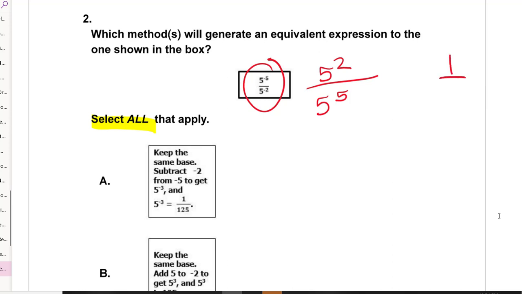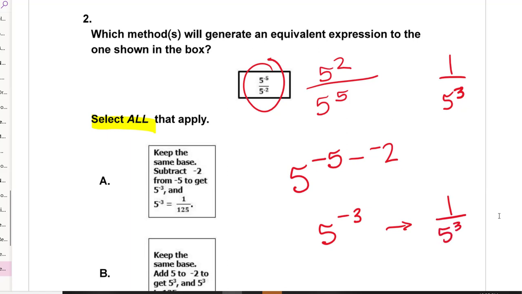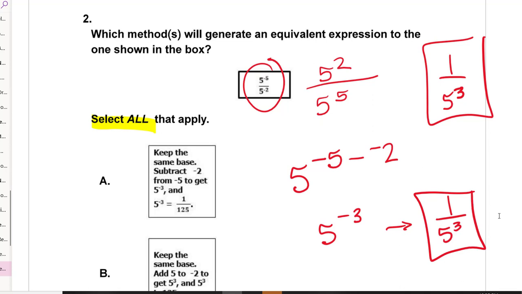And you could have 1 over 5 to the 3rd. You could do it that way. Or you could say, because I'm dividing, I would subtract negative 5 minus negative 2. Say that that is 5 to the negative 3rd, and then reciprocal that. You got 1 over 5 to the 3rd. 2 different methods, you're getting the same thing.